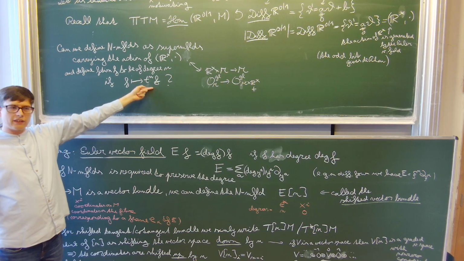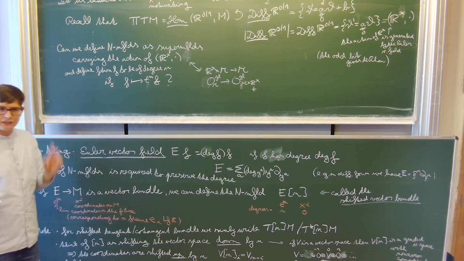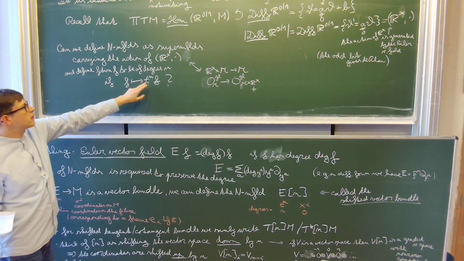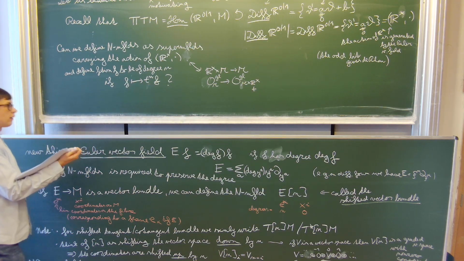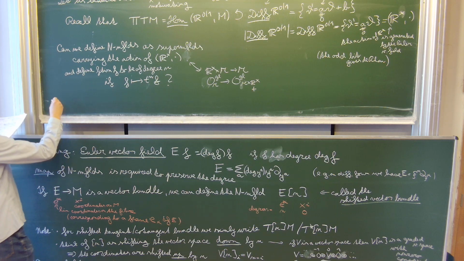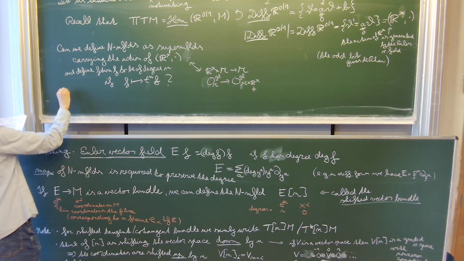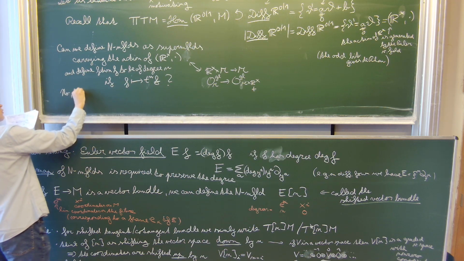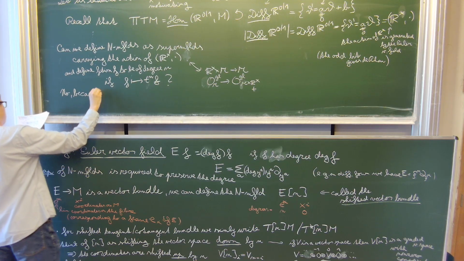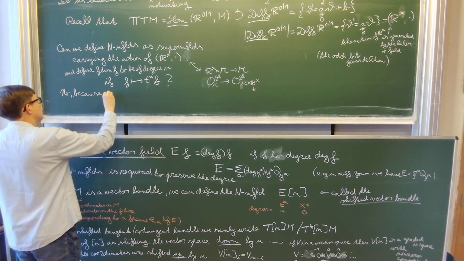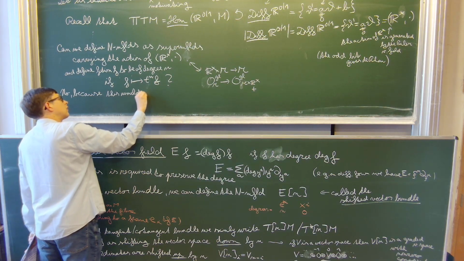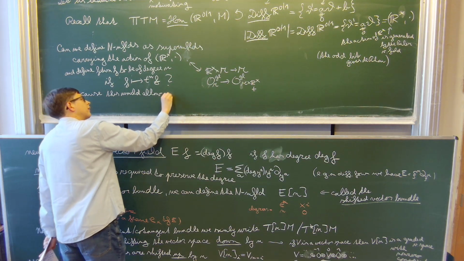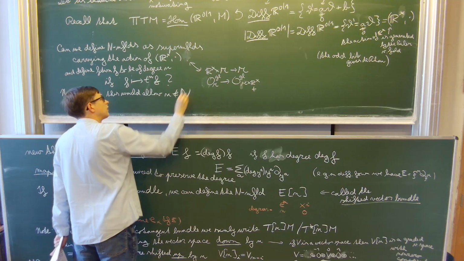This was not supposed to be easy. But the problem here is that a priori I could have n be any real number. So the answer to this question is no, because this would allow n's which are not integers.